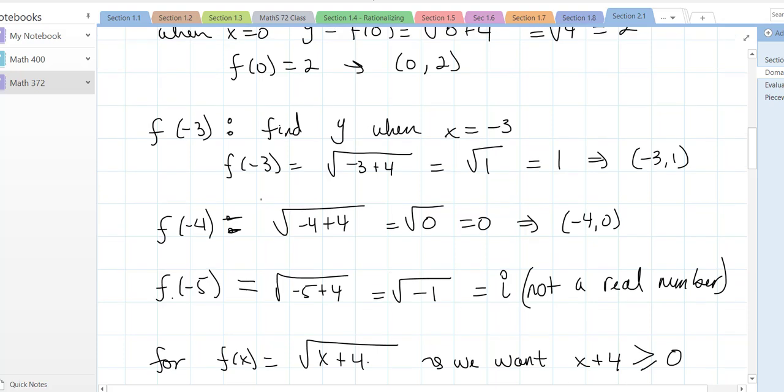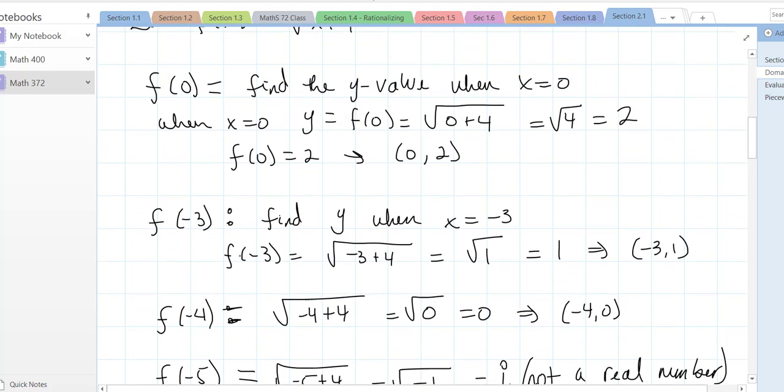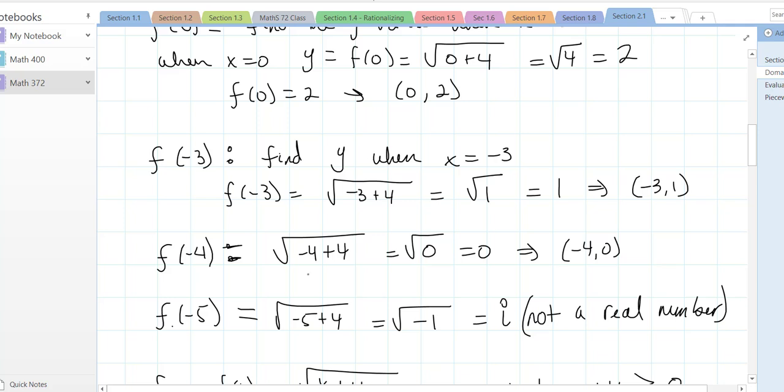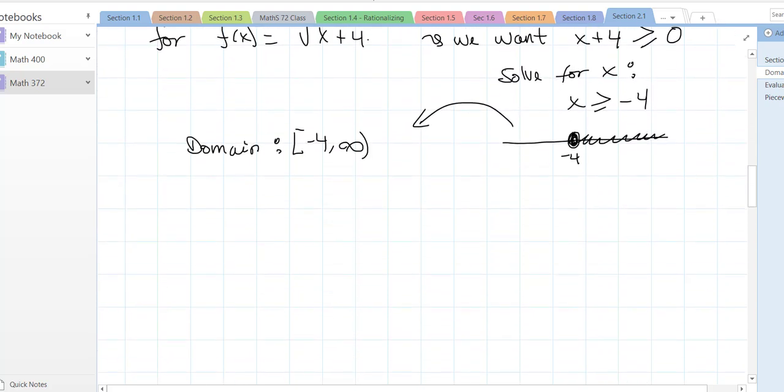Notice that when we did f of 0, we got 2, f of -3, we got 1, f of -4, the smallest x value we can put in, we got 0. So for the smallest x value we can put in, we got 0, and then they increase, 1, 2, and they're going to keep increasing. So our range is going to be from 0 to infinity.